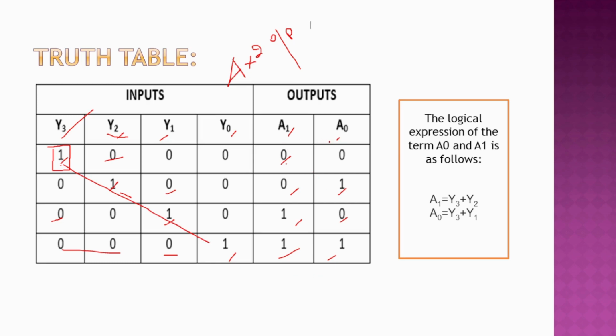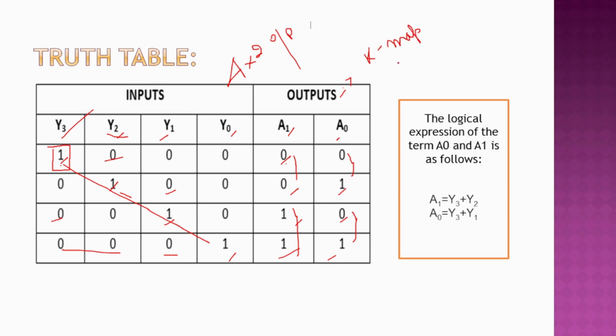Afterwards, the A1 and A0 outputs are filled with 0 1 0 0 and 1 1 0 1 0 1. With the help of this truth table, you need to draw the K-map. In my previous video, I mentioned how to draw the K-map with the help of this truth table.